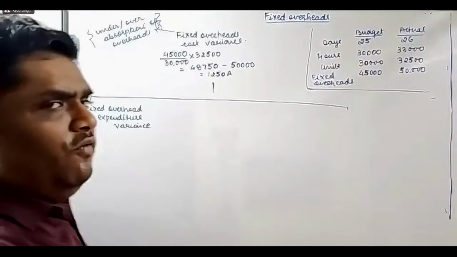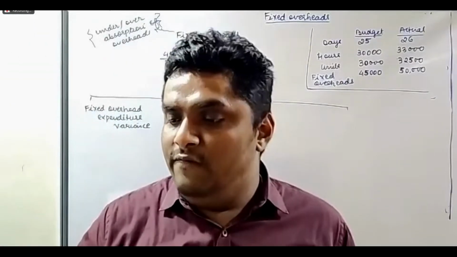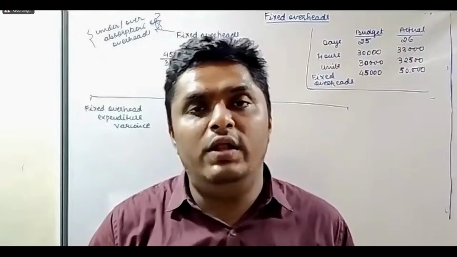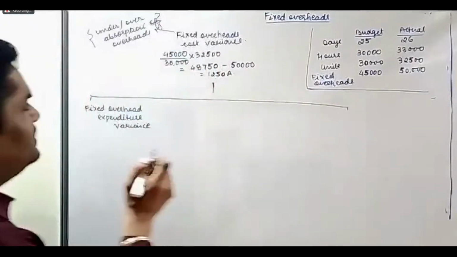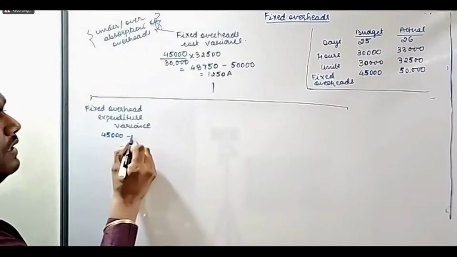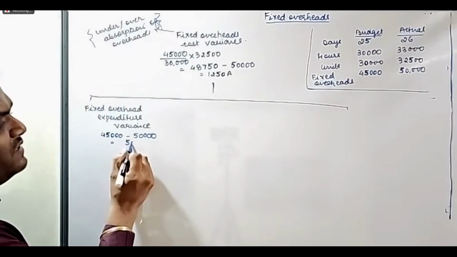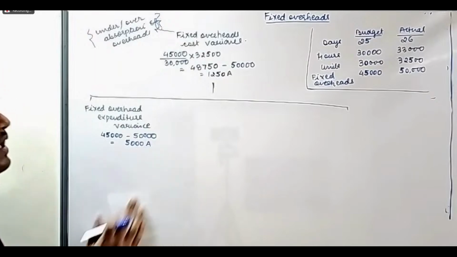Now, when talking about fixed overhead, it remains fixed at all the levels of production. So my budgeted overheads were how much? 45,000. My actual overheads are how much? 50,000. So how much is the expenditure variance? We can say 5,000 adverse for the company.